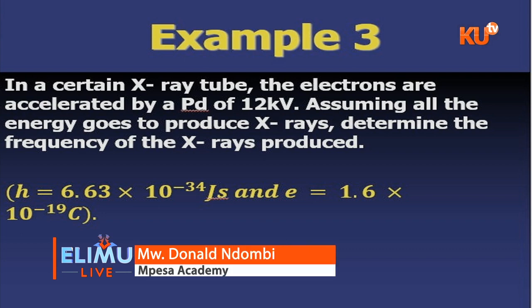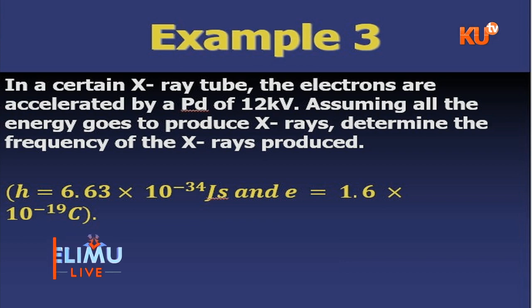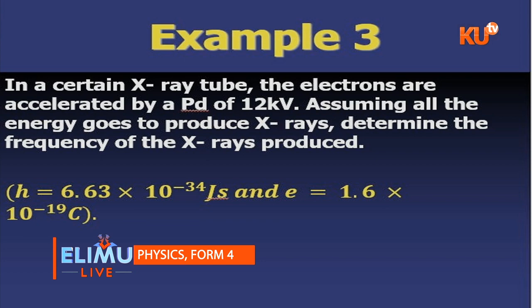Then you are given H and E. So we write down what we have as usual. So what do we have in that question? One, we have the accelerating potential. So we have V, equals 12 kilovolts. 12 kilovolts means what? 12,000. So that is 12,000 volts. What else are we given in the question?